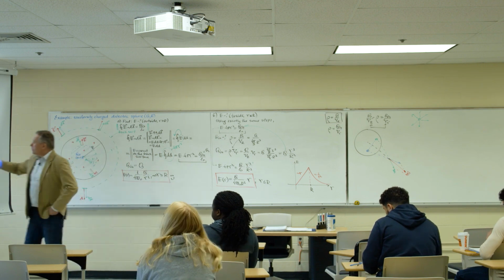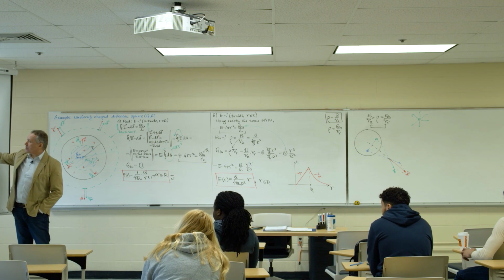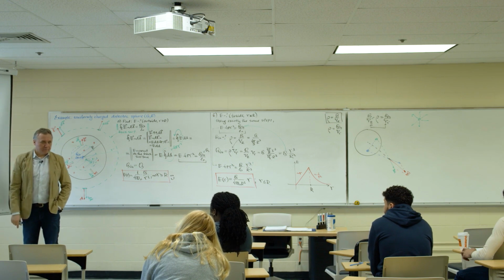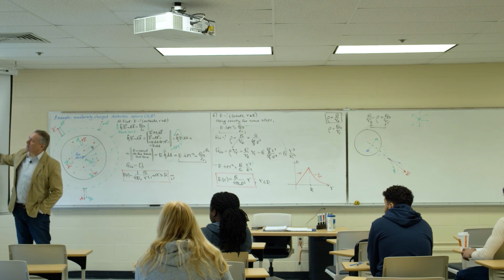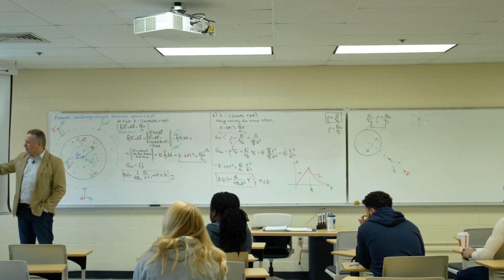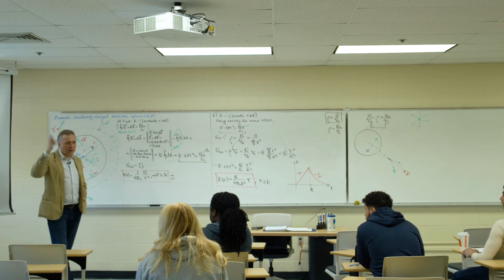So we have case A and case B. In case A, we have a charge plus Q. This is the Gaussian surface, or we can say just the surface, and we can talk about the electric flux through this surface. In case B, there is a charge plus 2Q, and this is just an imaginary surface, a Gaussian surface.